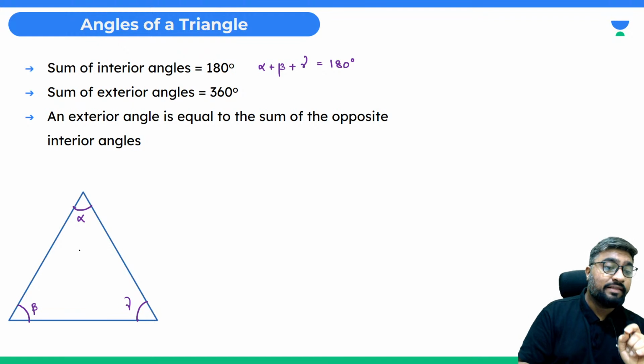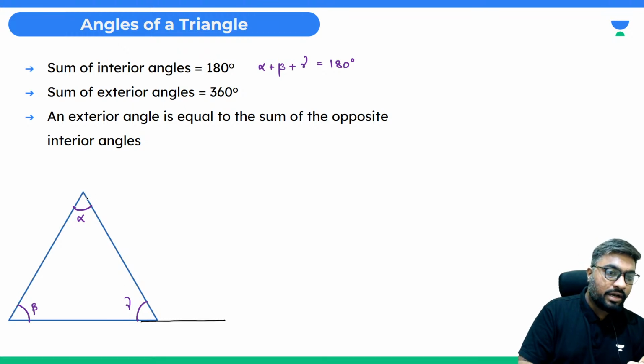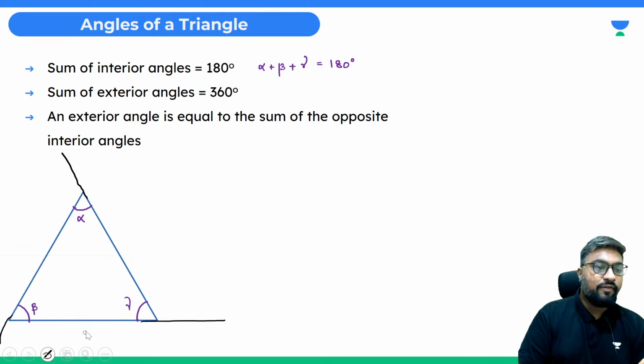Yes, now we also have exterior angles. Exterior angles कब बनता है? When you extend a particular side. Okay, इस side को अगर मैं extend करूँ ऐसे, इस side को अगर मैं ऐसे extend कर दूं, if I extend the sides, then I form something called exterior angles. Yes, जैसे ये वाला जो angle है, this is exterior alpha dash, this angle is gamma dash, this angle is beta dash.